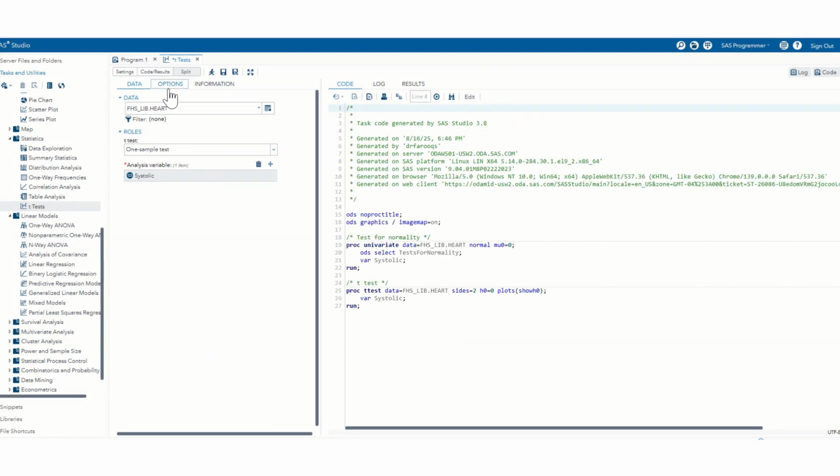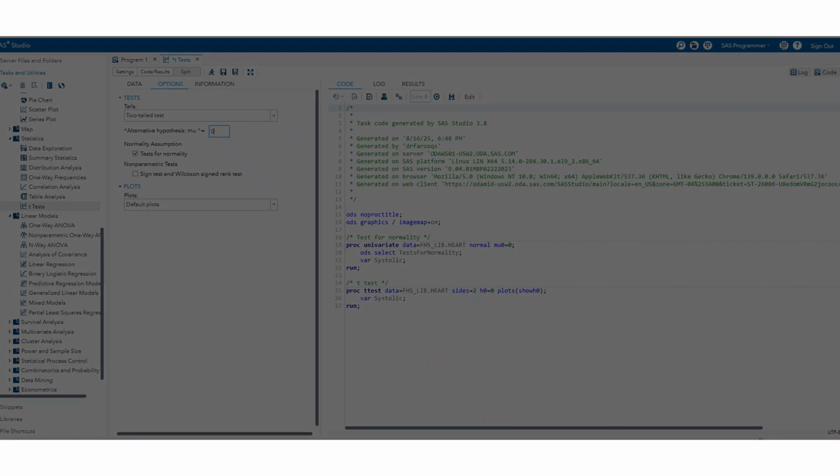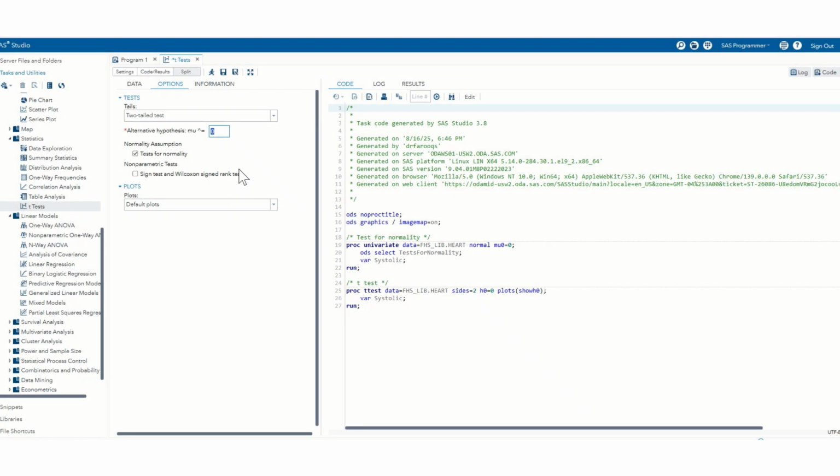And then under the Options tab, under Test, under Tails, we keep two-tailed test. And the alternative hypothesis is that mu, the mean, is not equal to 120 millimeters of mercury.